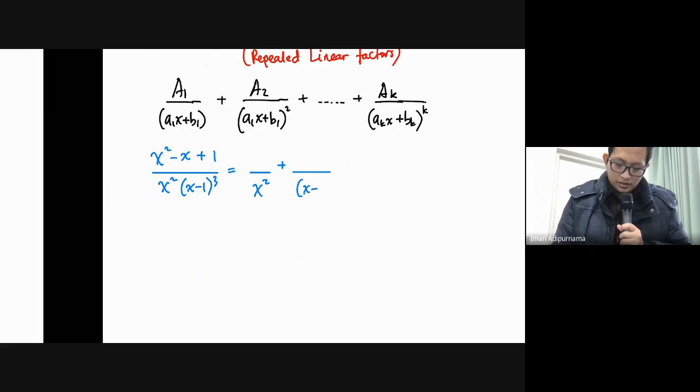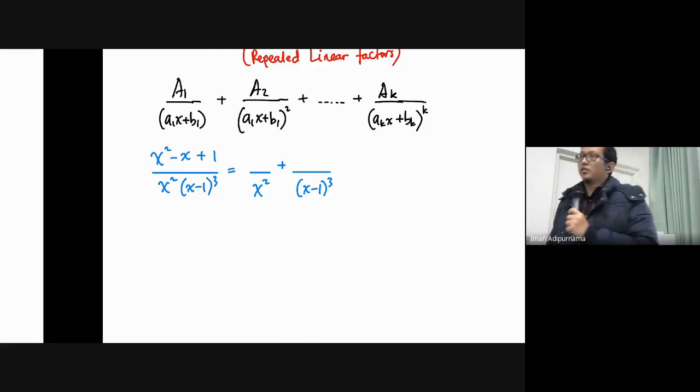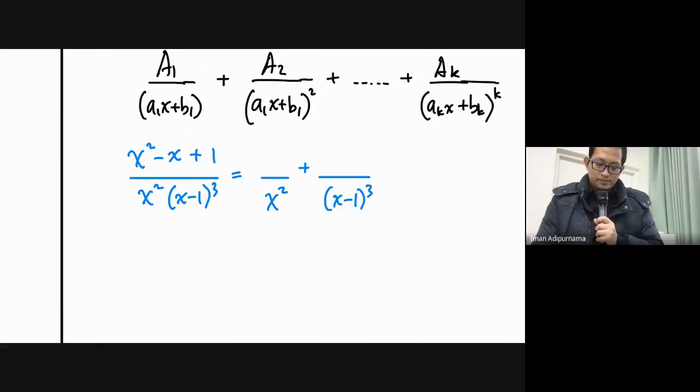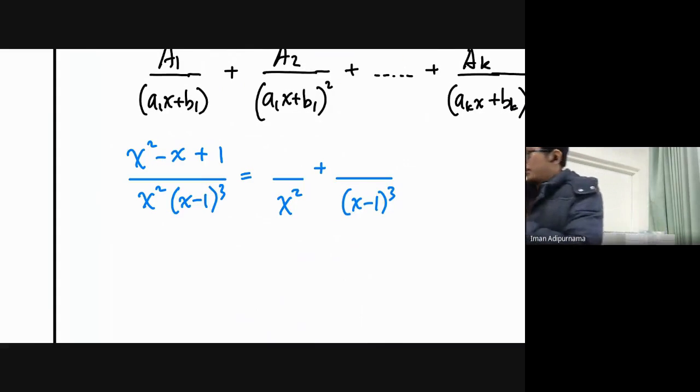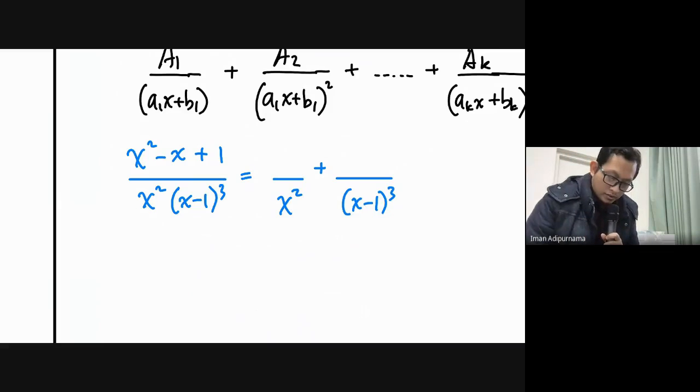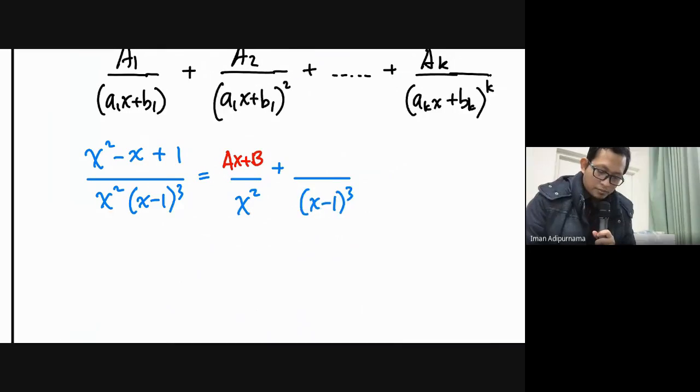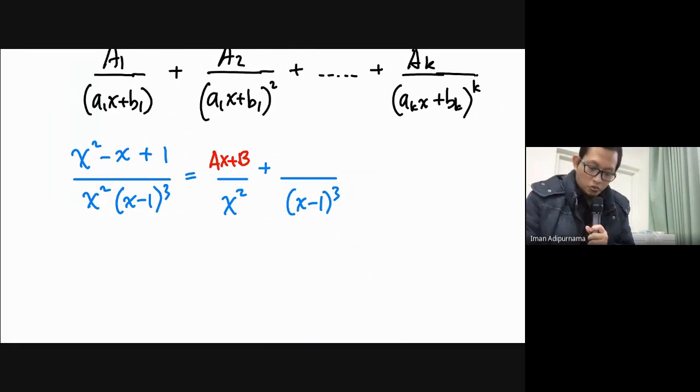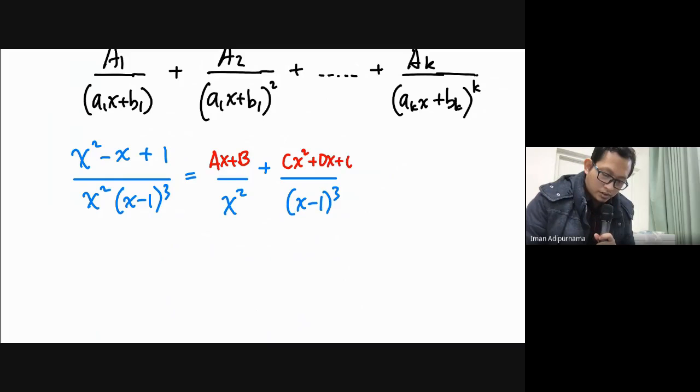So first, let's think of this as two separable fractions, in which you have the x squared and you have the x minus 1 cubed. The x squared has a linear numerator, so it will be ax plus b. And the cube, the top one will have cx squared plus dx plus e. Right?